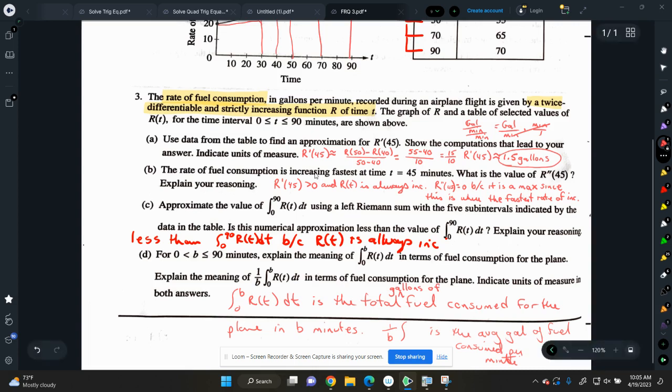Things to remember: 1 over B is not the average rate, it's the average value or the average amount. Also, when we're talking about integration, we're talking about the total amount of something. Integrating gives us the total amount.